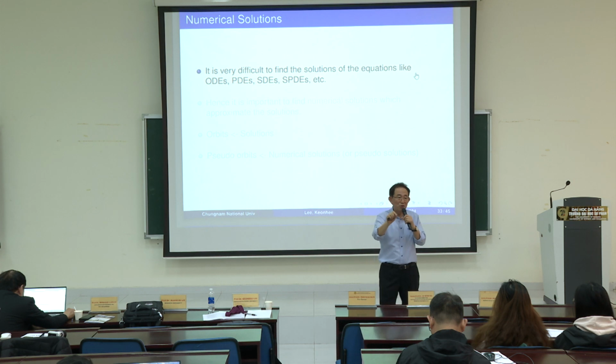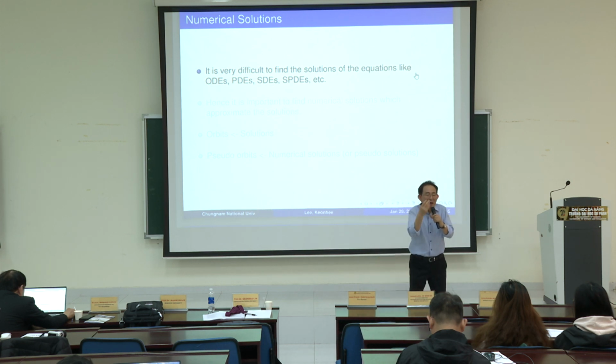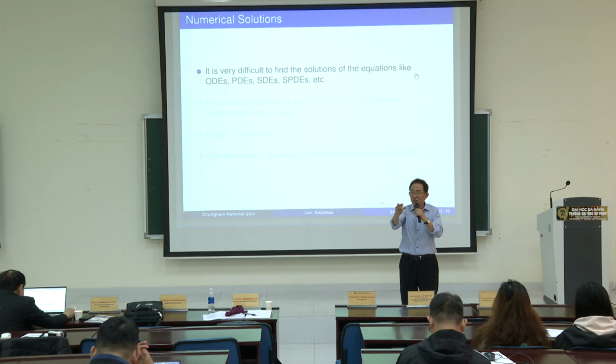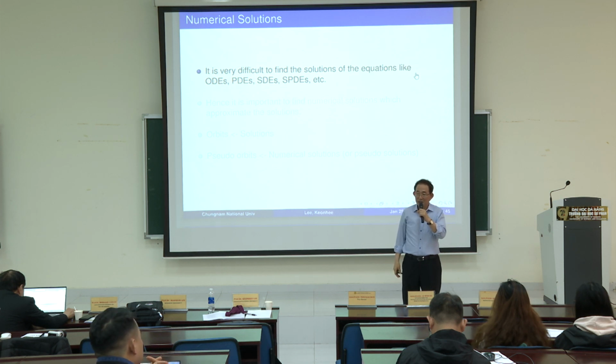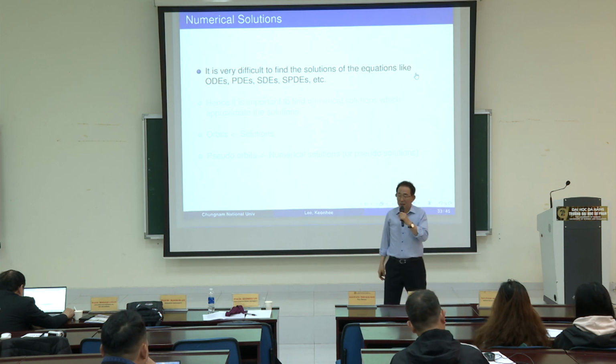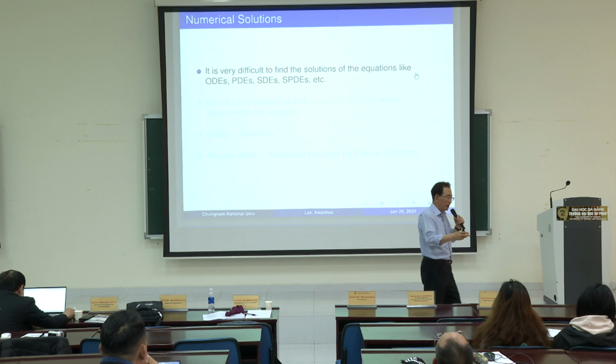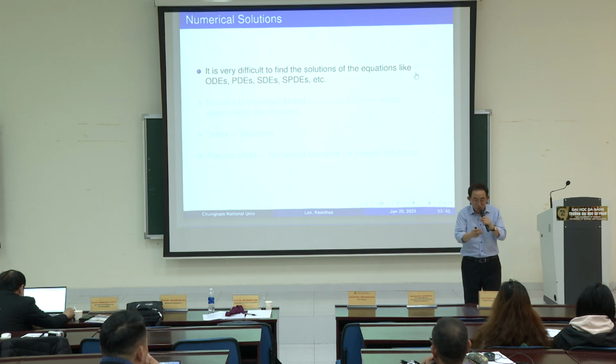So numerical method is to find the method, to find the solution, a numerical solution. If we find a numerical method, it is very interesting. So numerical method is we allow the error. It's a pseudo solution.